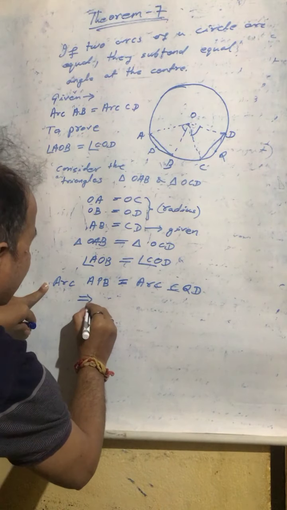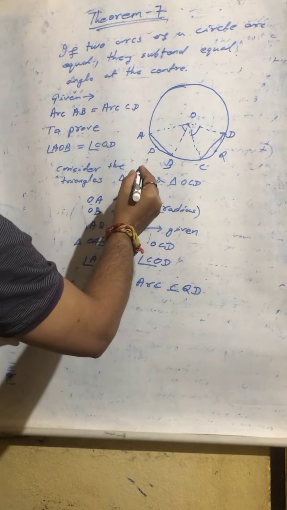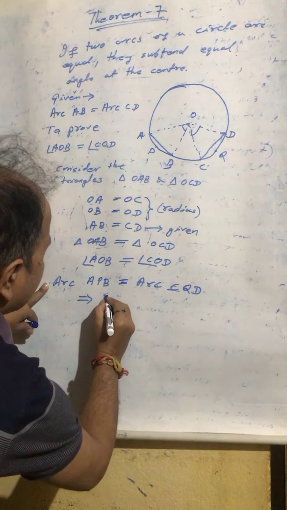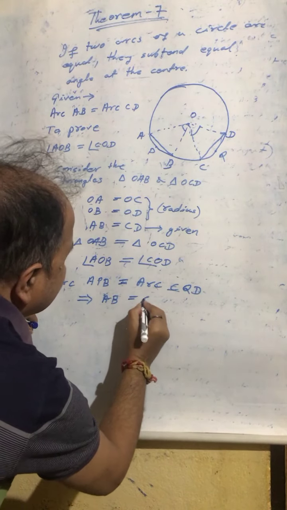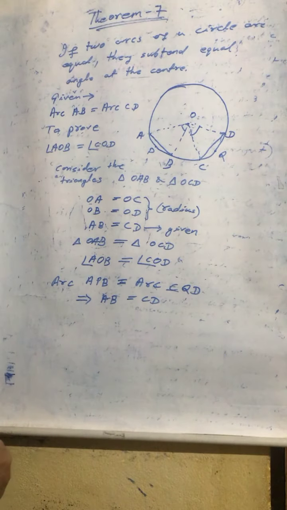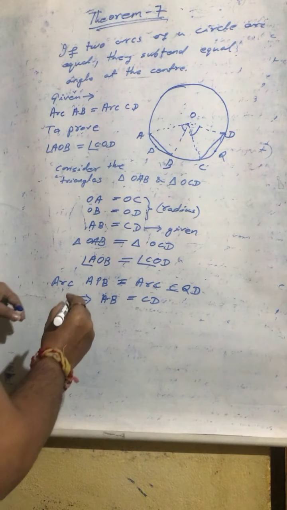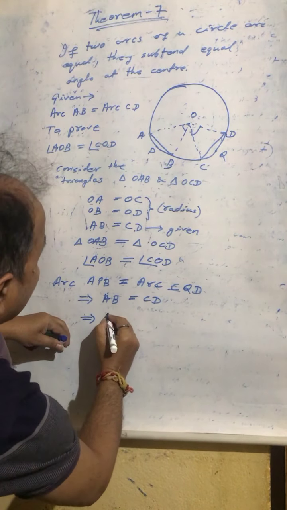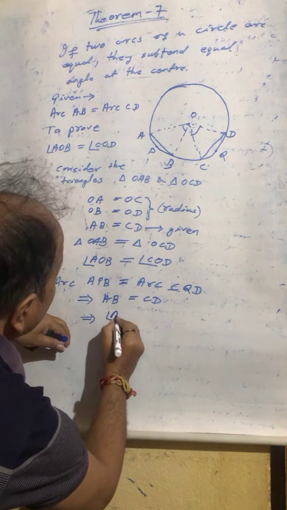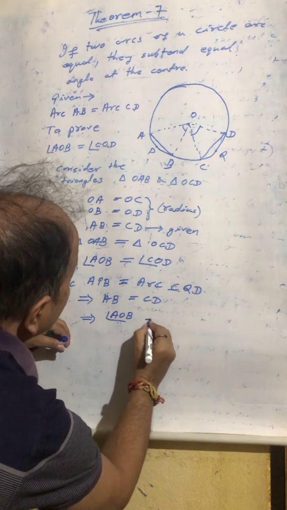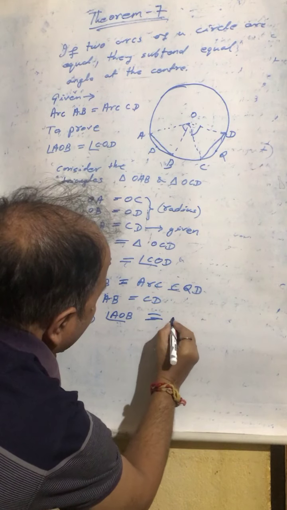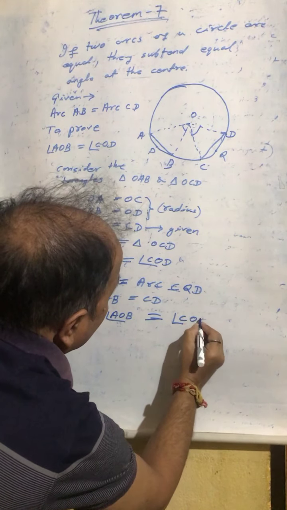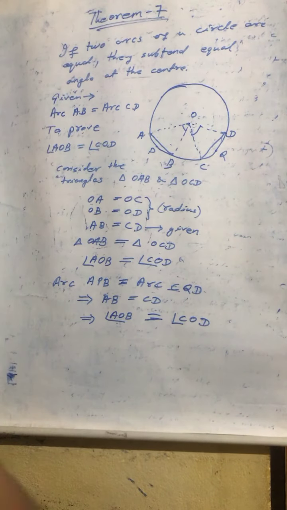Then what does it imply? I have already taught you: if arcs are equal, then chords will be equal. Then AB equals CD, and they subtend equal angles at the center. This implies that angle AOB equals angle COD. Okay? Angle AOB equals angle COD.